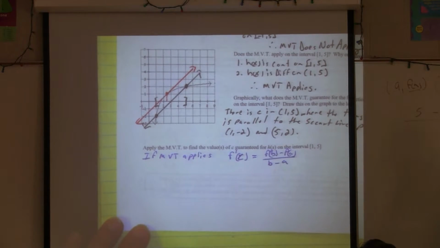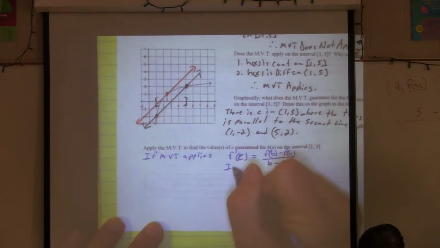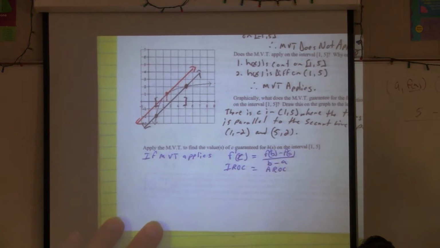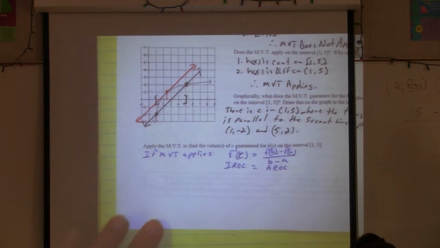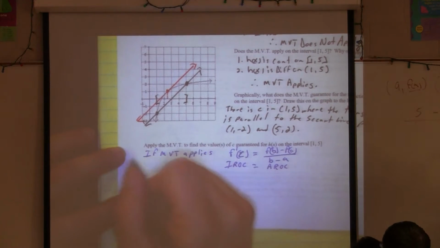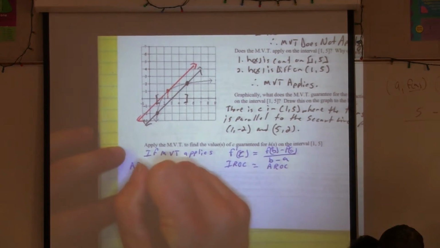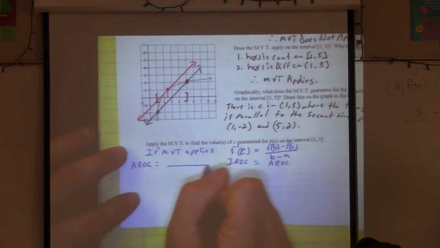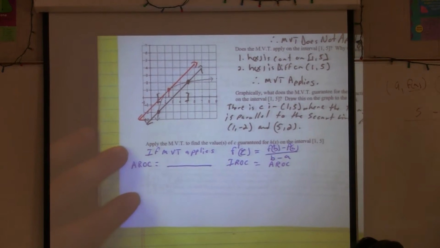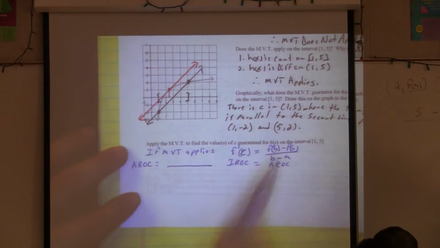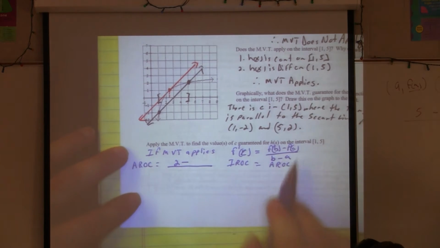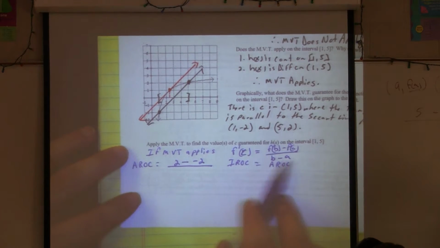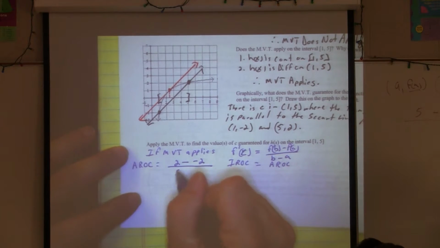So you're telling me to find the average rate first. Let's do it. You ready? Alright. So what's the average rate? What's f of b? 2 minus f of a, negative 2, divided by b minus a, 5 minus 1.